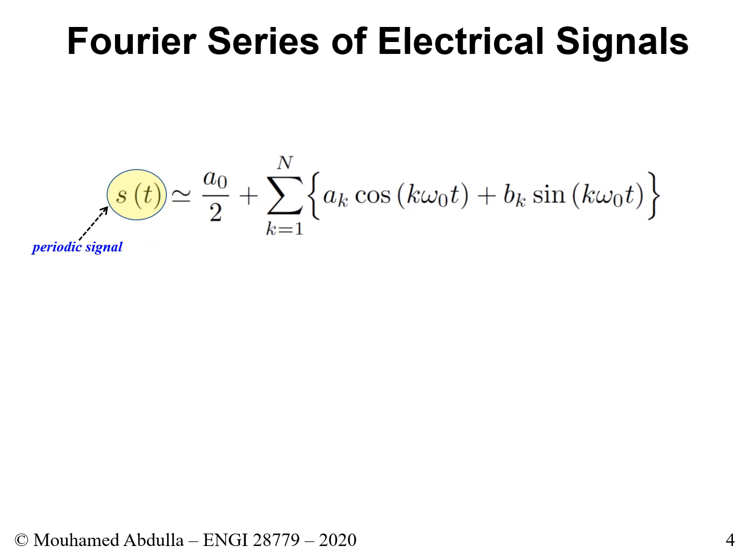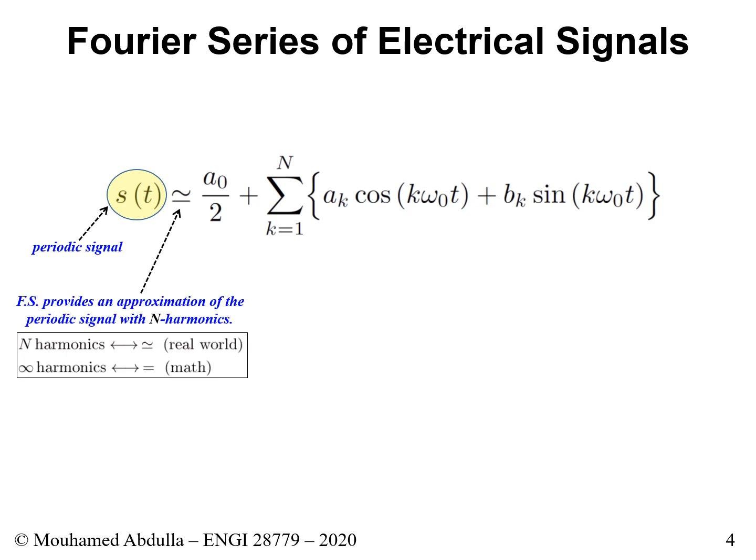So this thing here is a periodic signal. Now, why did I put the approximation symbol? Why not the equal? The reason is that we are in real life. If we are talking of real life scenarios, we don't put an equal. If you put an equal, it's because you will take infinite summation, a summation that will go forever.